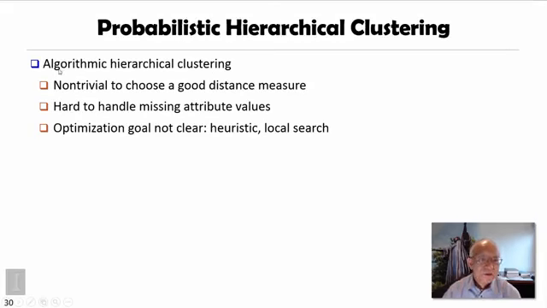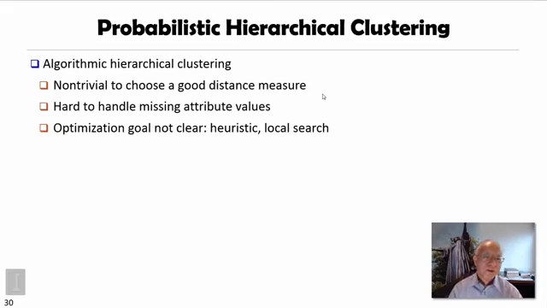The first problem is that it is non-trivial to choose a good distance measure. For example, we already saw the single link, the complete link, the average link, and the centroid link. They are all different methods, but it's hard to choose a good distance measure based on the application problems.